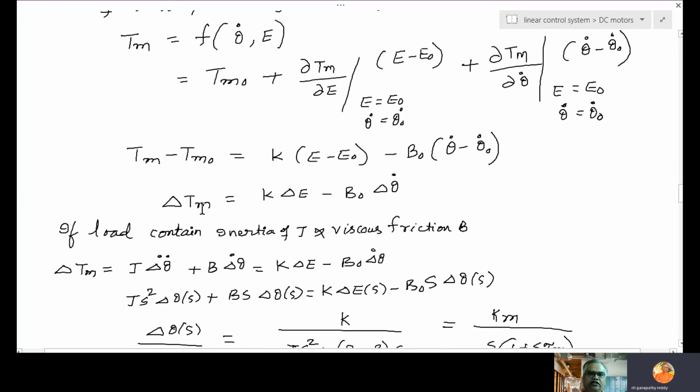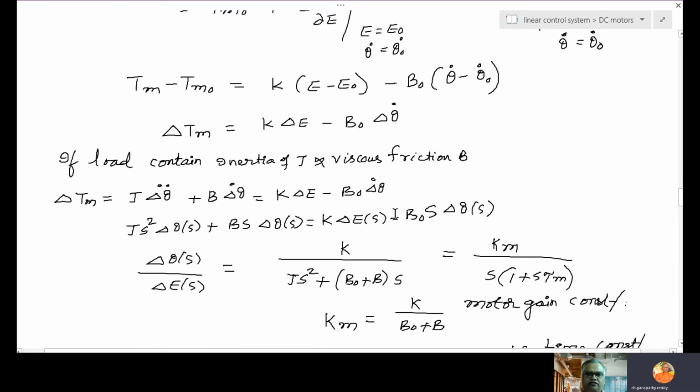And again this change is delta Tm equals K delta E minus B naught delta theta dot. Now if load contains inertia J and viscous friction B, then delta Tm, whatever torque is coming, has to drive this. So J theta double dot, where double dot means double derivative and single dot means single derivative, is equal to this equation, K delta E and so on.